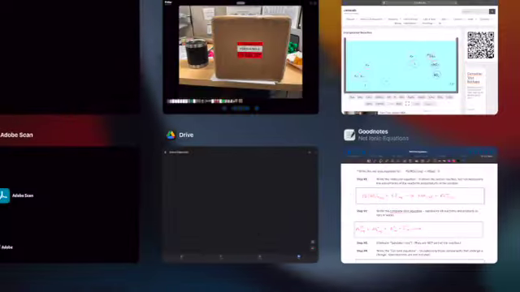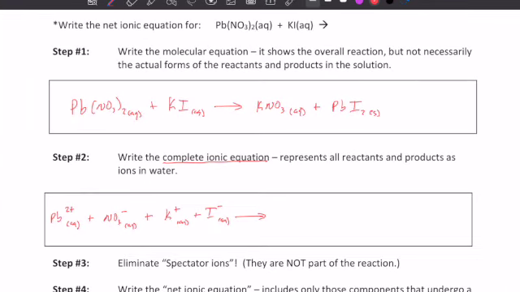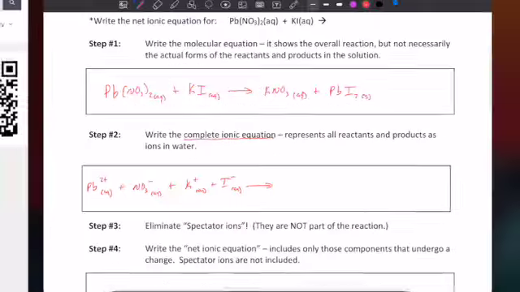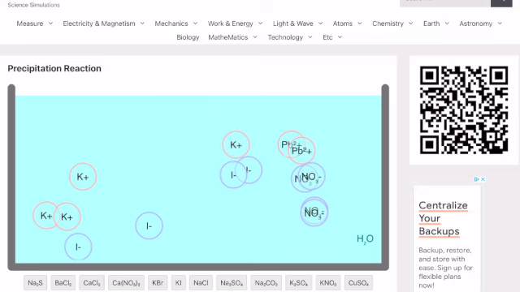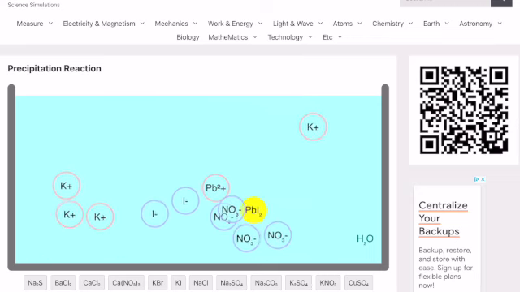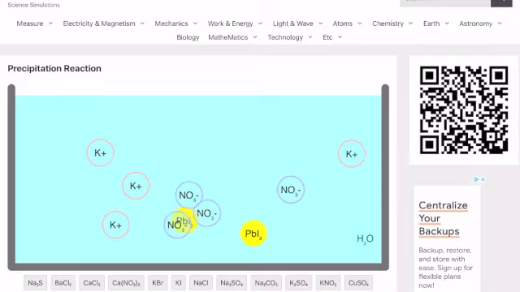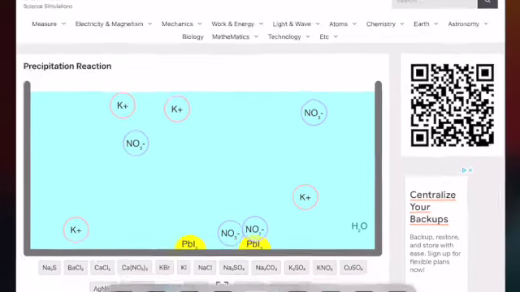What we're looking at in this equation is the lead 2 iodide, the nitrate is aqueous, the potassium is aqueous, the iodide is aqueous. So the only thing that's really a reaction is when our lead interacts with our iodine. That's the only thing that's an actual reaction in here, where things are changing form.